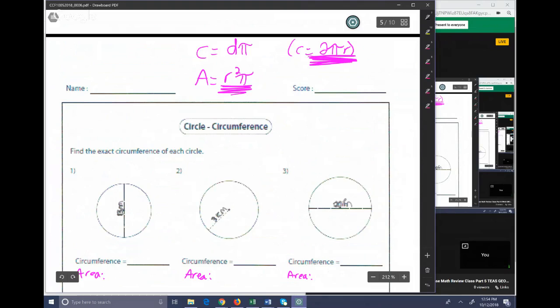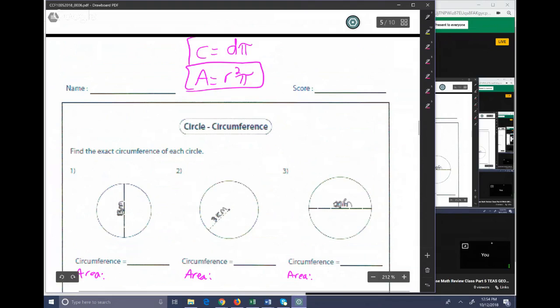So using a formula that is that similar is not a good plan. So instead of 2 pi r, remember it as diameter pi. So 2r is the same thing as d. 2 radiuses would make a diameter. And then area is radius squared pi.